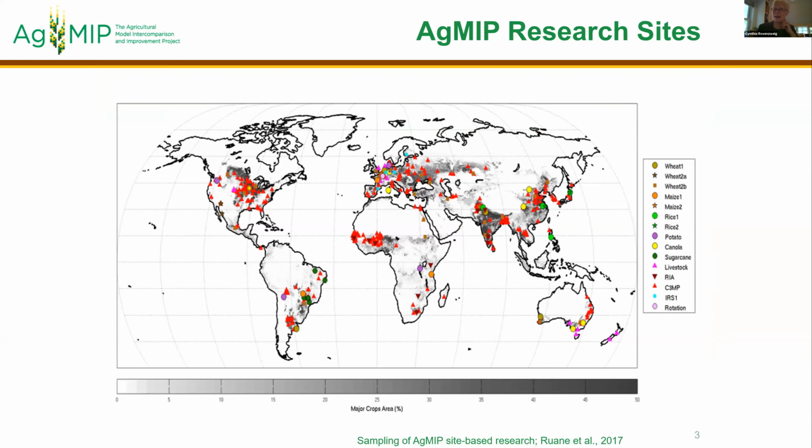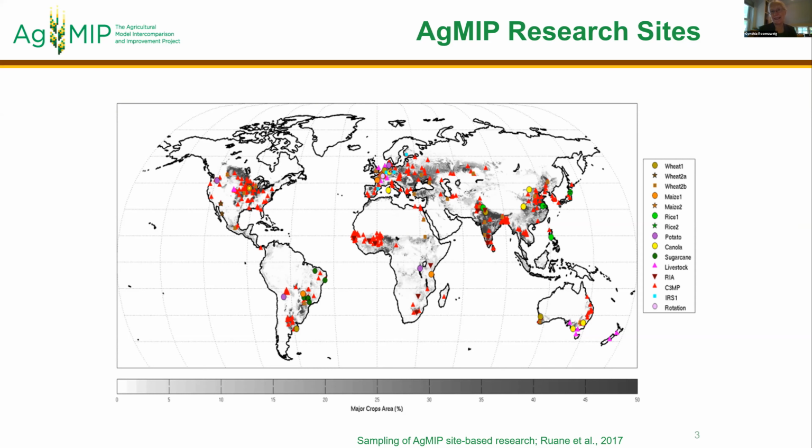However, just to let you know, AgMIP works all over the world. And this map with many different colored triangles, circles, and stars shows the AgMIP research sites. This is actually only some of them. We need to update this up to the minute.